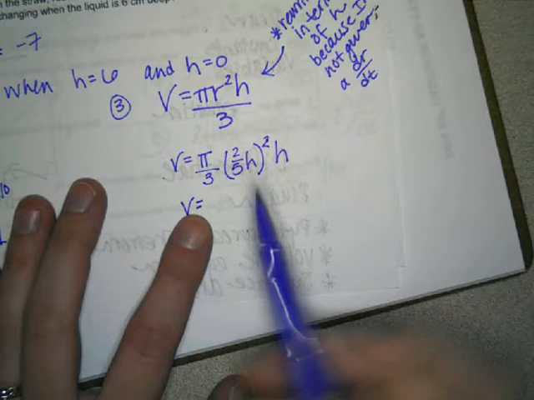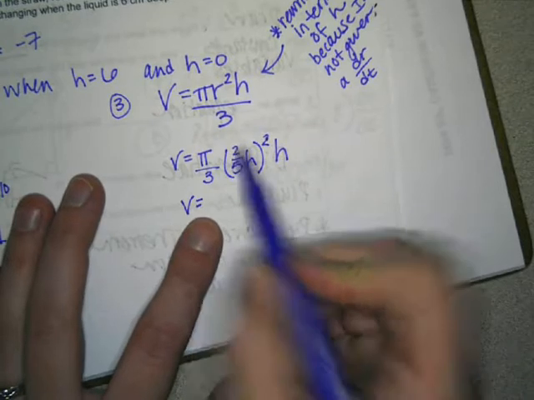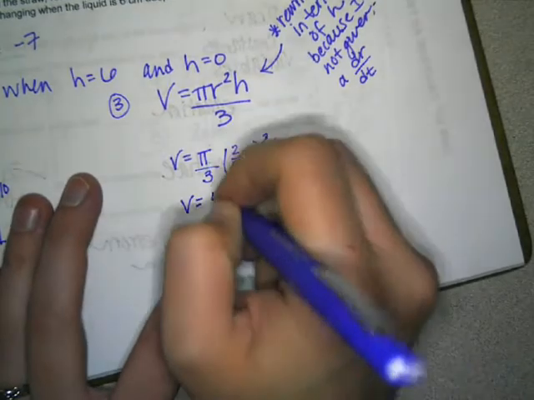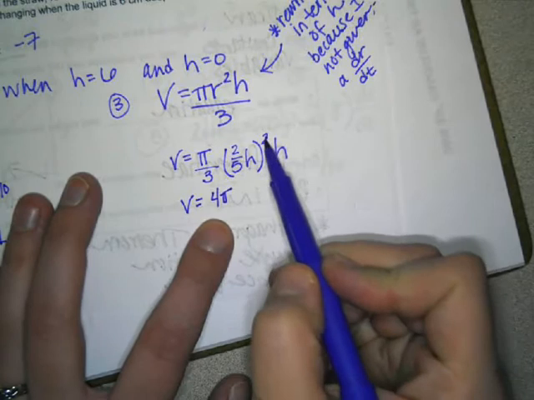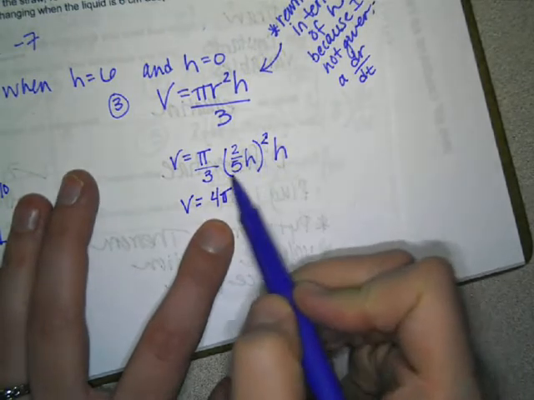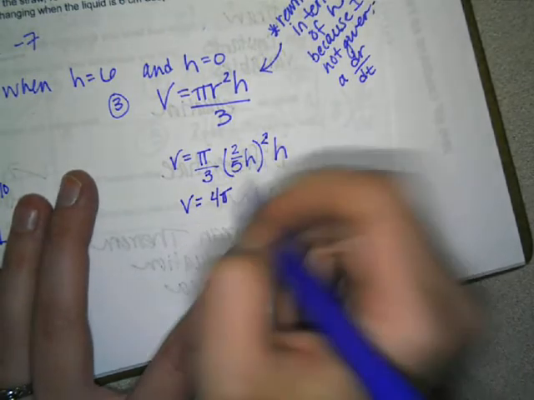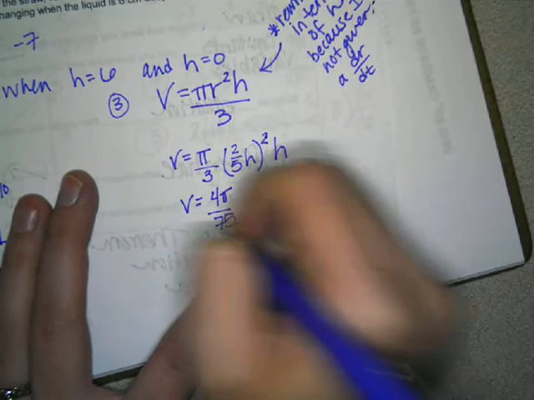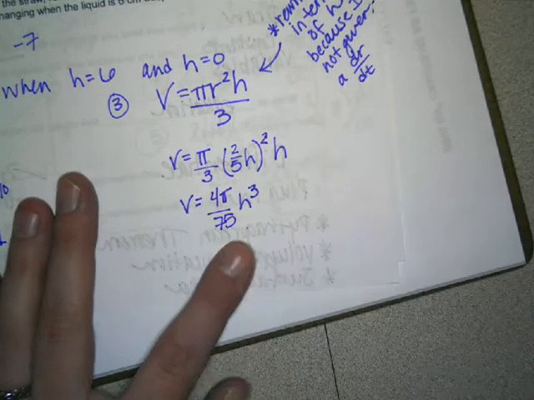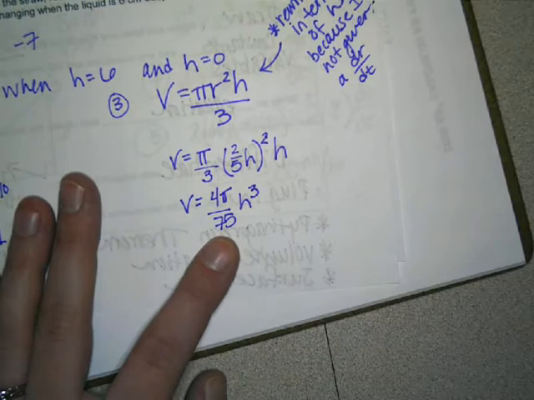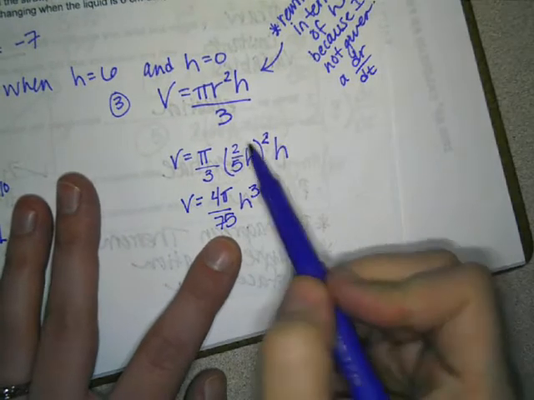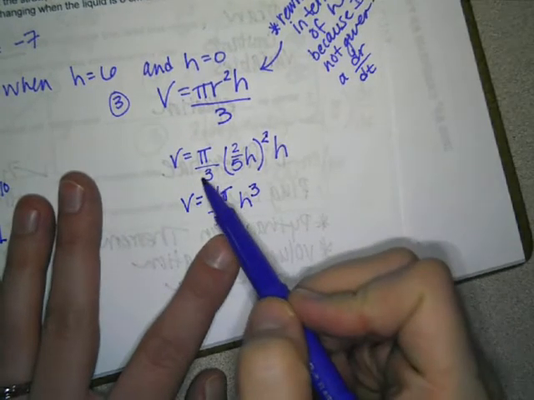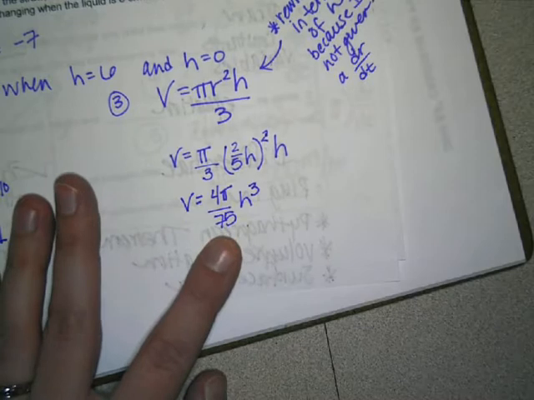So when I square the 2, I get 4 pi, and then we have 5 squared is 25. 25 times 3 is 75. H cubed. So all I did is square the 2, square the 5, and then just combine my two fractions together.